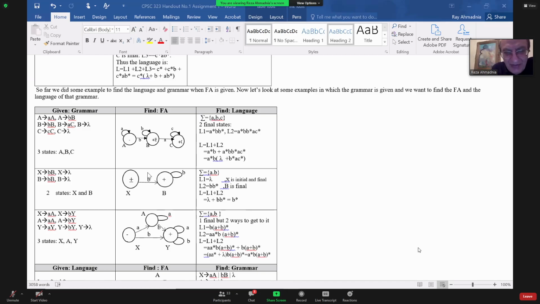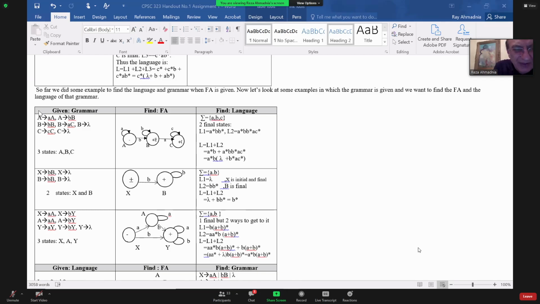The grammar is given. Find this, and then what? The language is given. Find this and find what? Find this one here. So if you have one, you should be able to find the other two. Okay. So given a context-free grammar, find the FA and find the language.